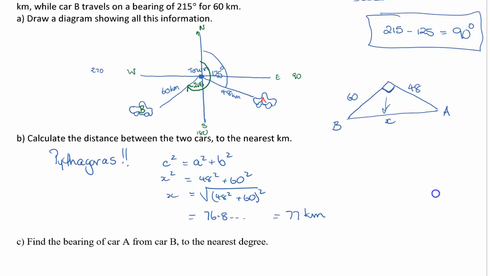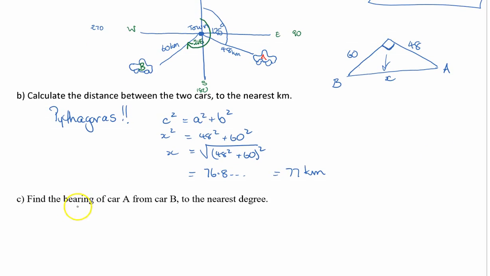Now in C we're going to find an angle bearing of car A from car B. That's really important where the bearing is given from. At the from position, we draw our north-south, north, south, east, west.